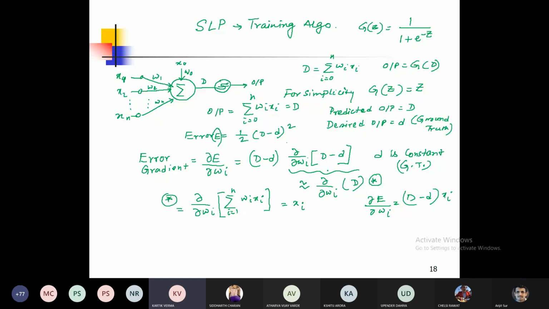Fine, because this term is basically xi. Now the ultimate term, this wij, is your weight, it is our initial weight. Just a second.